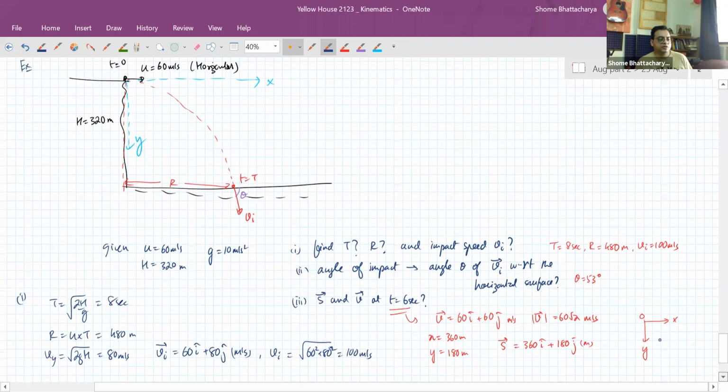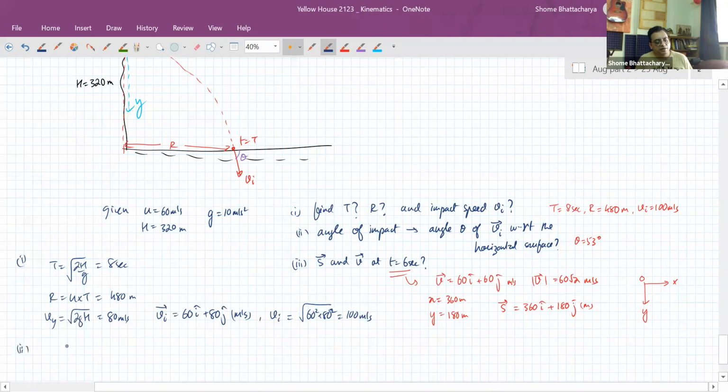Now the second part is where you understand that this impact velocity being 60 i cap plus 80 j cap, it's like this, where this component is 60 and this component is 80. So this angle theta now is such that, that's the second part.